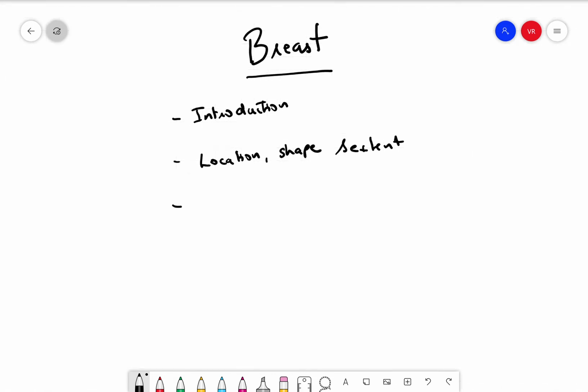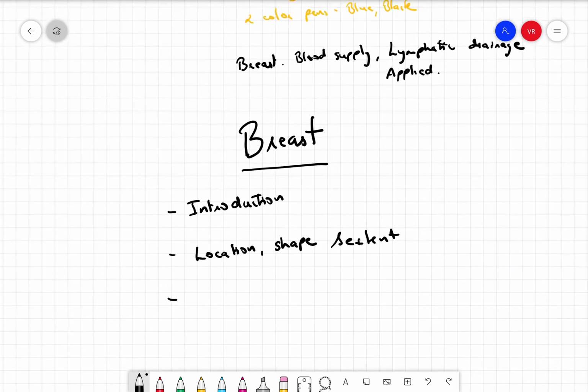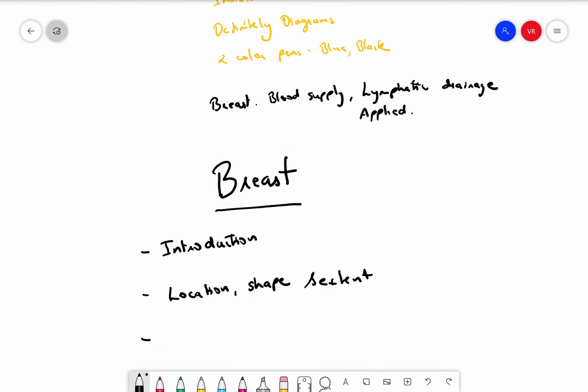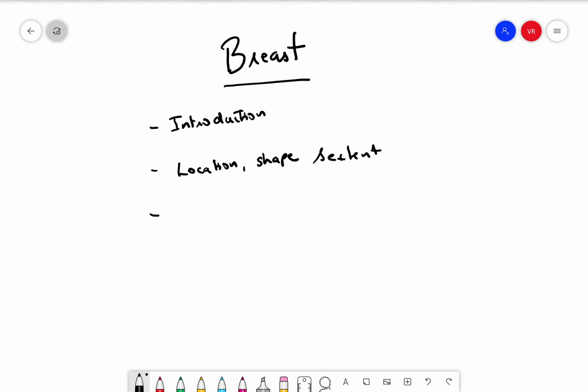Then before going on to the blood supply, lymphatic drainage and applied, you could write a little bit more about the breast anatomy, that is external features and your internal organization of the breast.